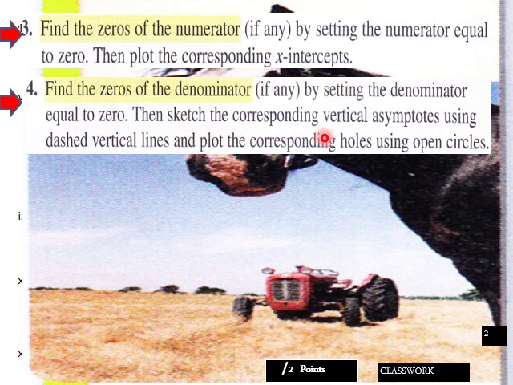Then sketch the corresponding vertical asymptotes using dashed vertical lines, and then plot the corresponding holes using open circles in your graphs.